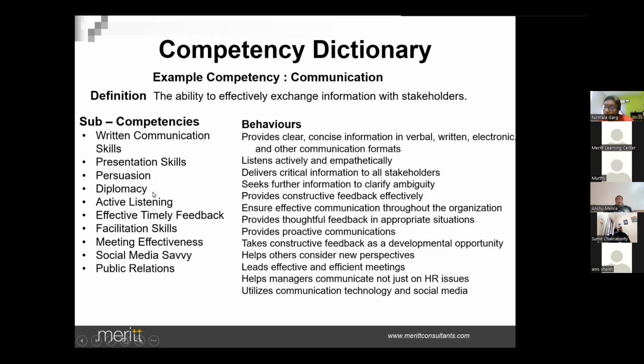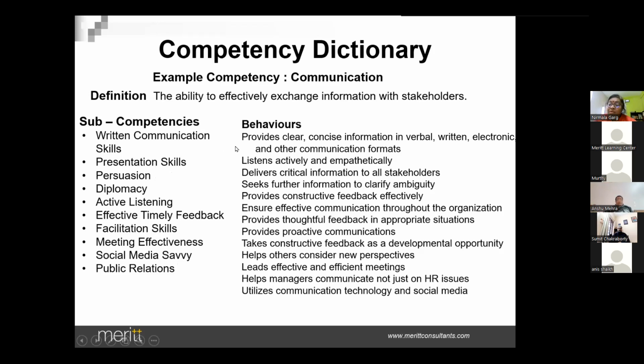Diplomacy, being very diplomatic, because this is a very broad level. Diplomacy, active listening, effective and timely feedback, then facilitation skills, meeting effectiveness, being very social media savvy, public relations. So these are all the related competencies for this communication competency.